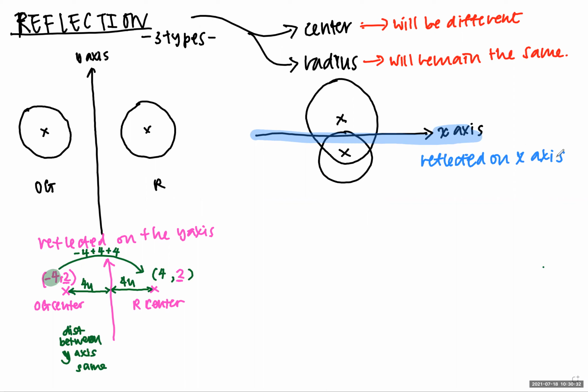Besides the center, I need to focus on drawing the who first. Radius? No, I don't care about radius also. Look at the one I drew in pink. I focus on drawing who first.